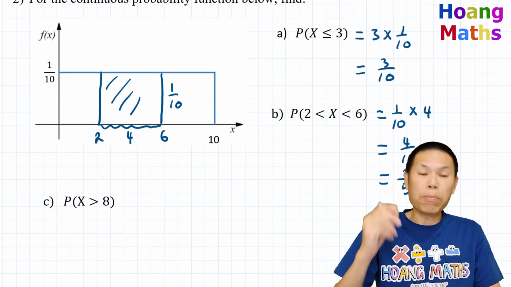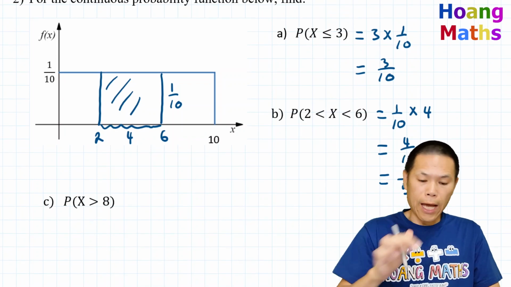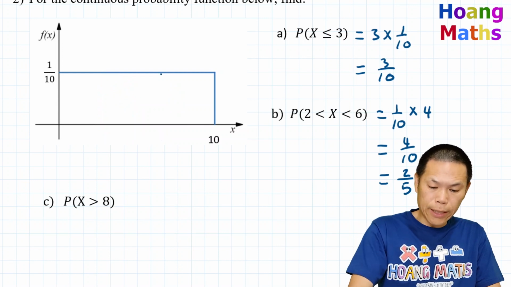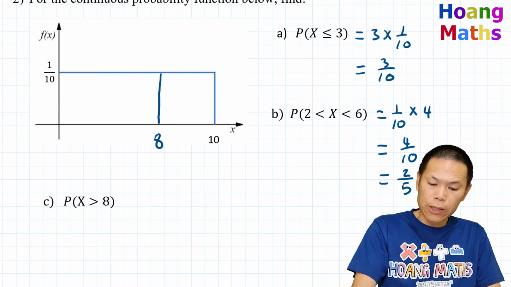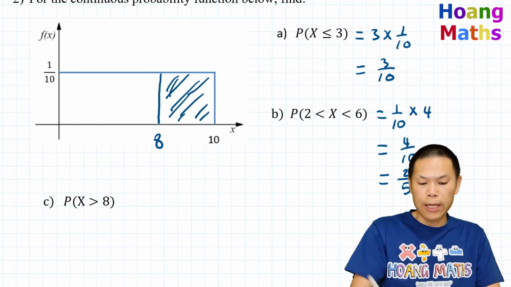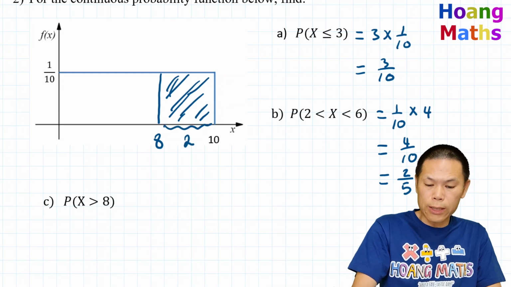Last one. Part C, that is the probability of x greater than 8. Let me just clear this first. 8 is roughly here, so we need to work out this area here, larger than 8. From here to here is 2 units, and the width of this is 1/10.